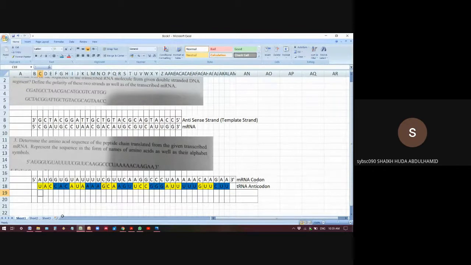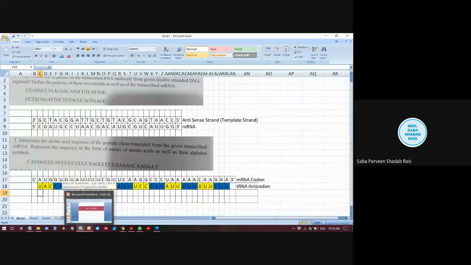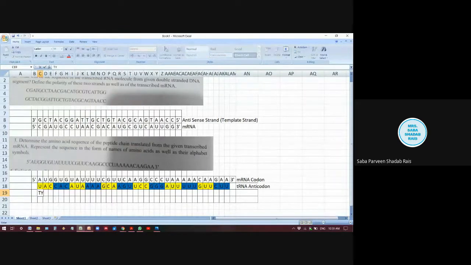Tyrosine. Very good. Now I will not write full tyrosine here. I will just write TYR. Now tell me what is the code for CAC. Come on fast. CAC is histidine if I'm not wrong.